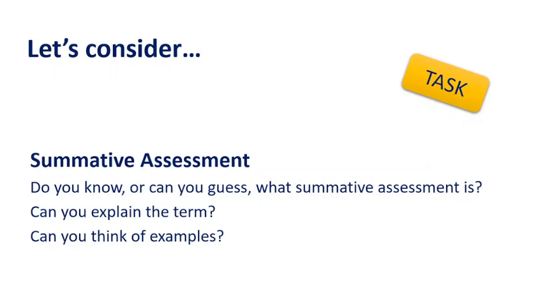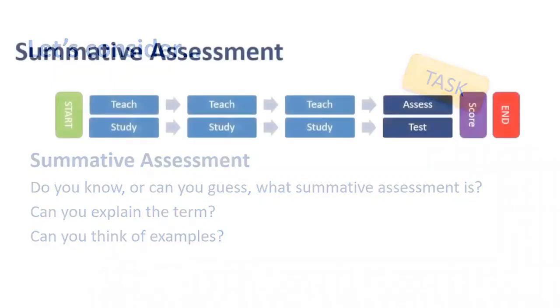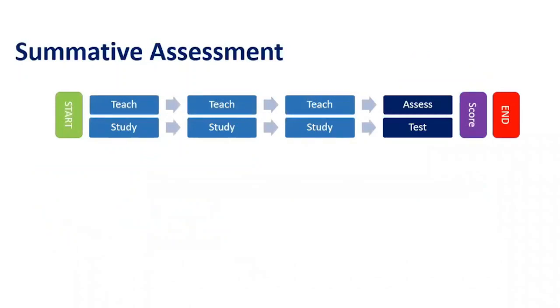Okay, summative assessment. Let's look at this diagram. Teachers begin a period of study by teaching, and students learn. The process continues. Teachers teach, students study, for the duration of the course, and the course comes to an end.